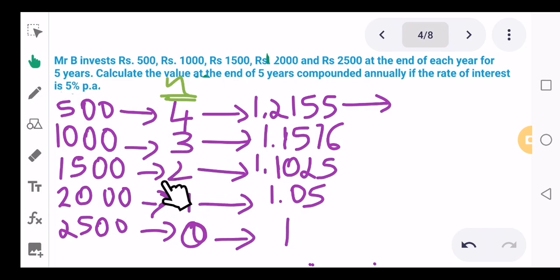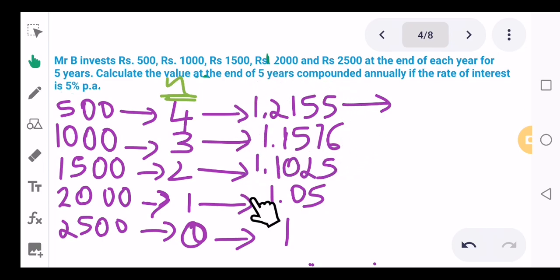That is, it's being compounded twice. If something is being compounded twice and the rate of interest is 5%, then the future value of 1 rupee is going to be 1.1025. Similarly, if 1 rupee is being compounded 3 times at the rate of 5%, then that 1 rupee's value will be 1.1576.